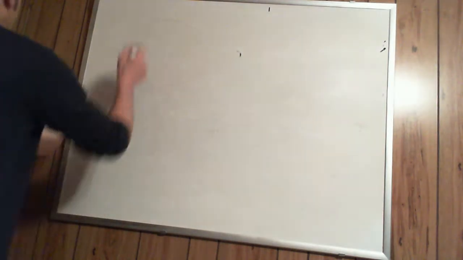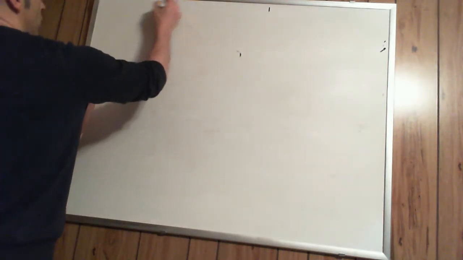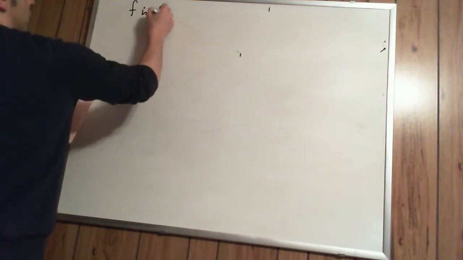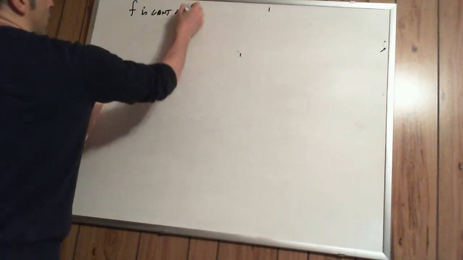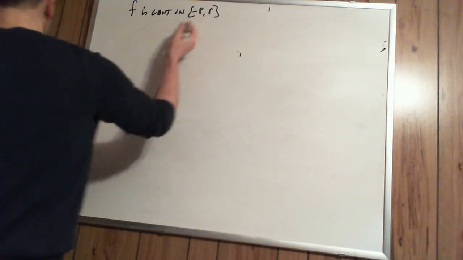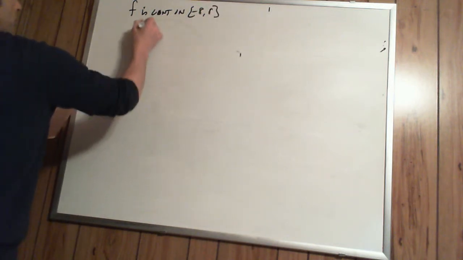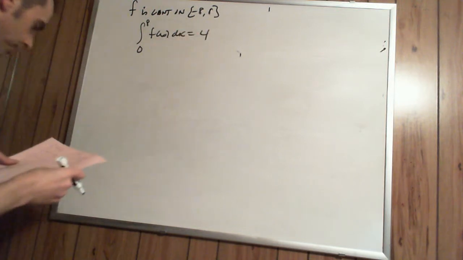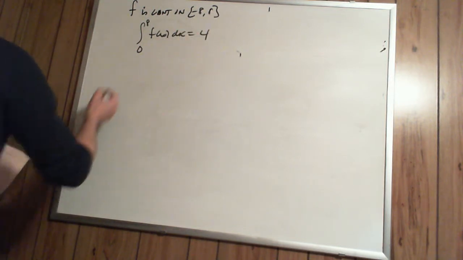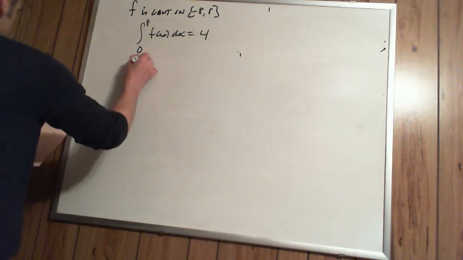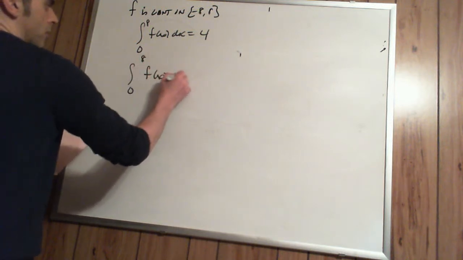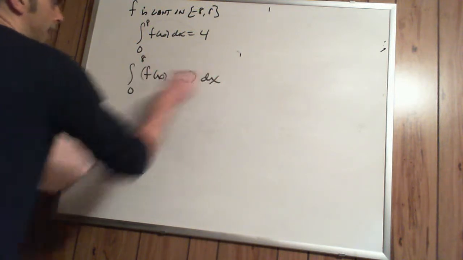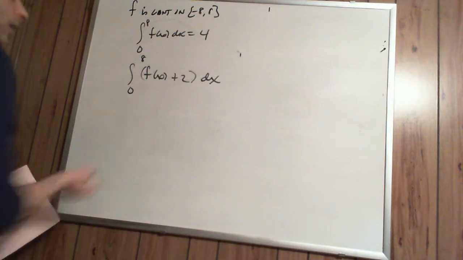Next, if you're given that f is continuous on a closed interval, negative 8 to 8, and the definite integral from 0 to 8 of f of x dx is equal to 4, find these values. So from 0 to 8 of the quantity f of x plus 2 dx, what I would do is split it up at the plus sign.